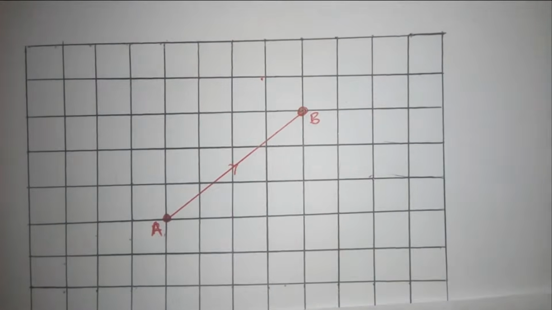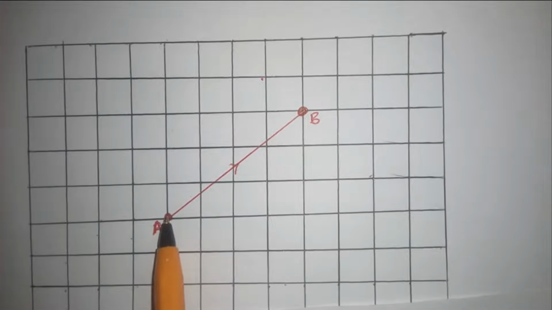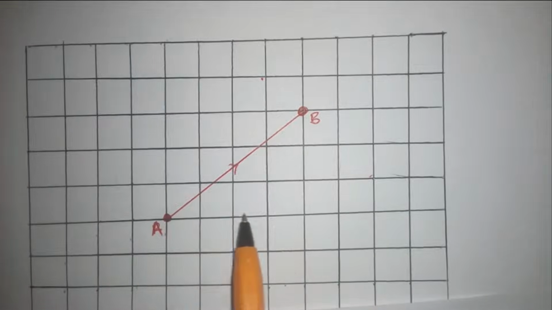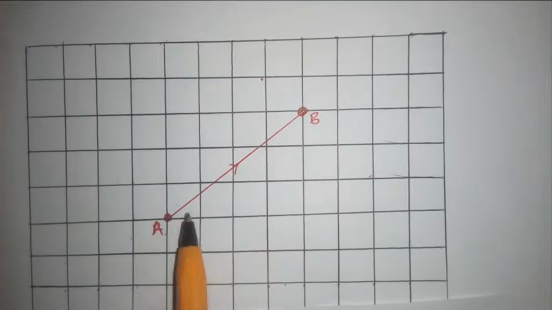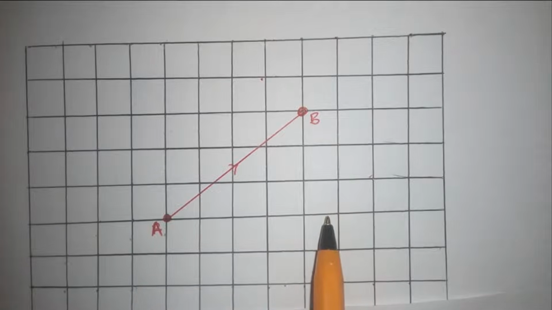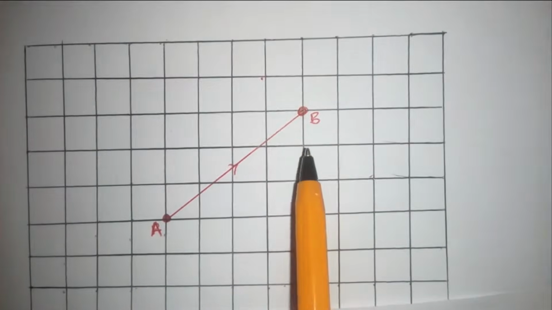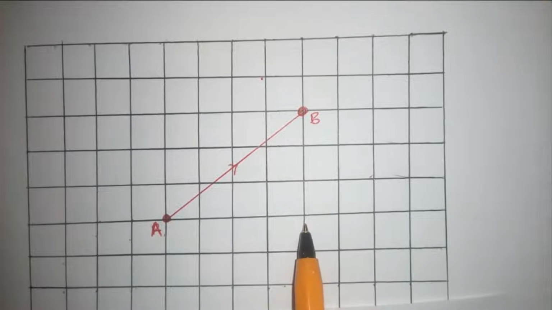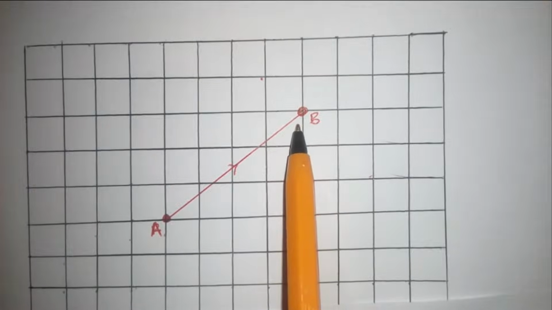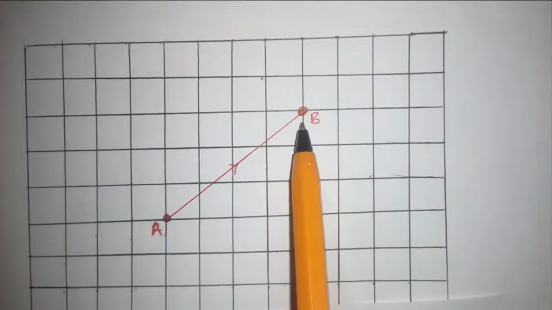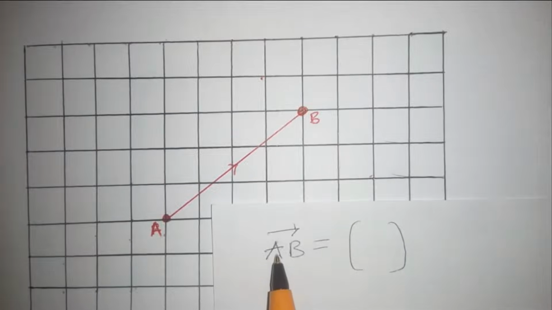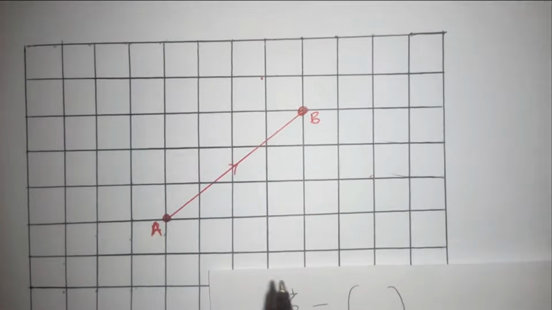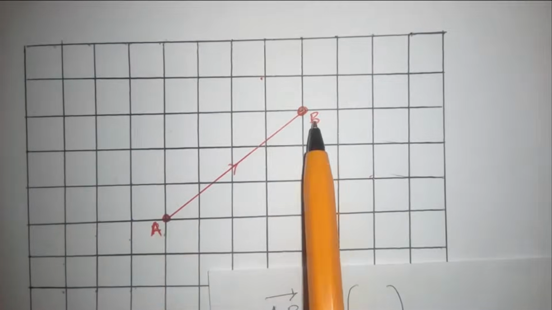Remember we said, if you're coming from your left to your right, the number is supposed to be positive, and the vertical, if you're coming from top to down, is supposed to be negative. Down to top is supposed to be positive. So the vector that we need to find is vector AB. We check the point A, so this vector is coming from A going to B.